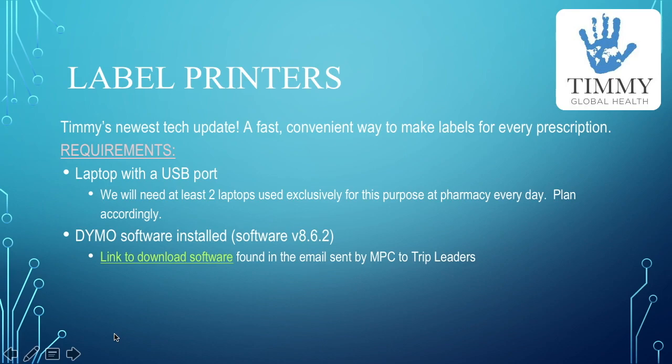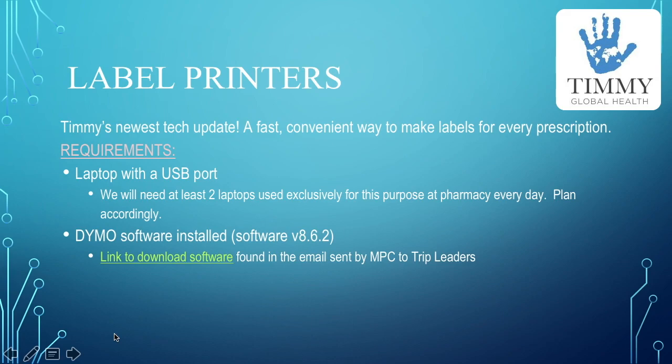So as I mentioned, we now have this newest tech update, which are label printers. They're thermal printers. They're a fast and convenient way to make labels for every prescription for all of our patients. And because they're printed, they're very easy for them to read and see without all of our terrible handwriting. What we require for our label printers is a laptop with a USB port, and we use at least 2 laptops in the pharmacy every day that are hooked up with 2 label printers.